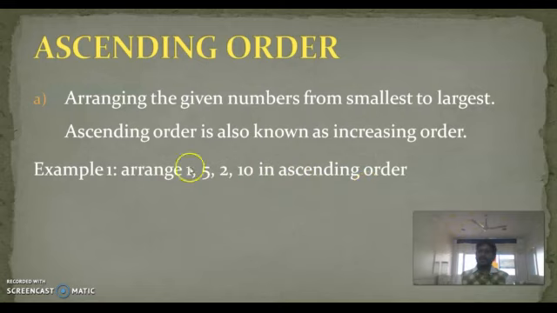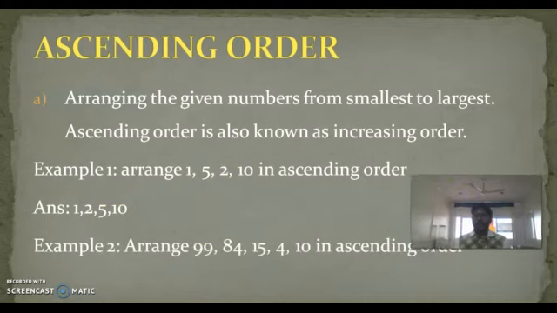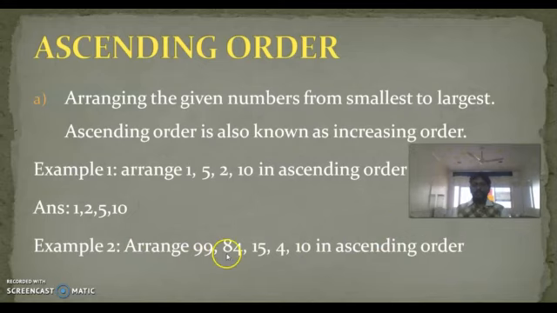Examples. Arrange 1, 5, 2, 10 in ascending order. Ascending order means arranging numbers from smallest to largest. So which is the smallest number in this group? 1, next 2, next 5, next 10. Smallest to largest. One more example. Arrange 99, 84, 15, 4, 10 in ascending order.